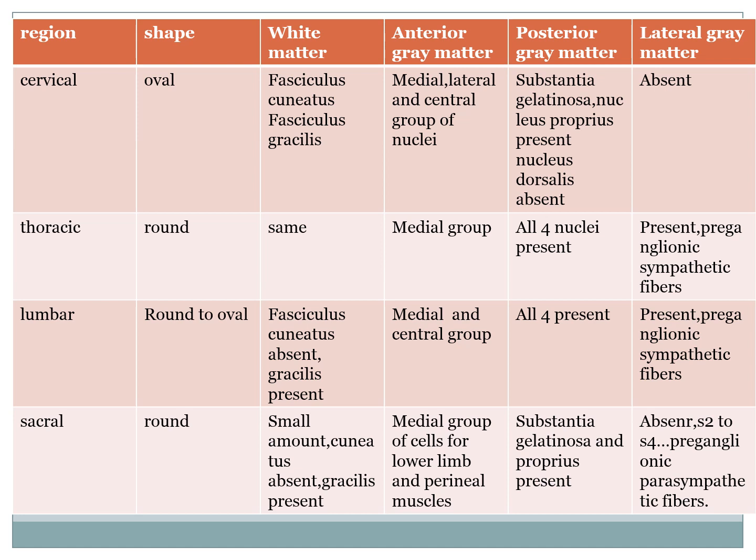Similarly, the lateral gray horn is present in the thoracic region, and L1 and L2 in the lumbar region, and then S2, S3, and S4 in the sacral region.